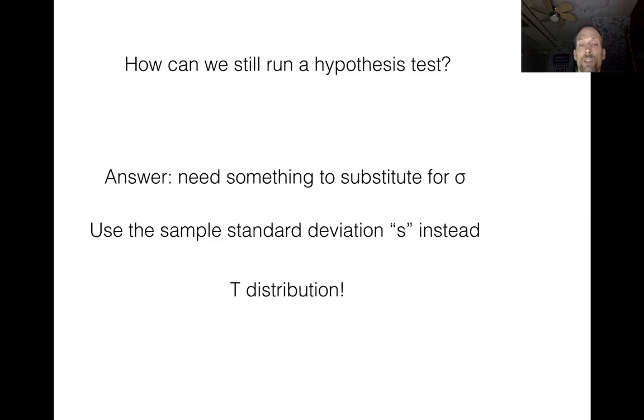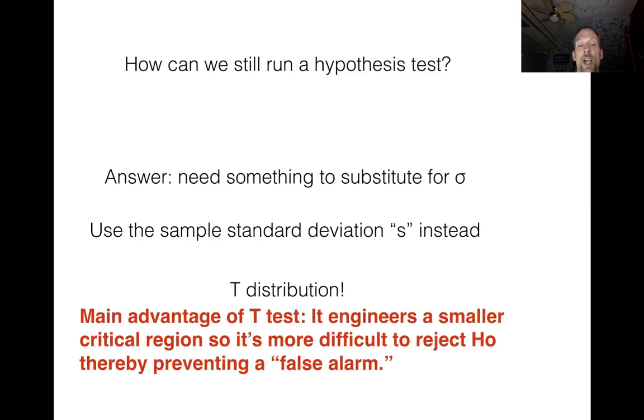We're going to get bumped to the t-distribution, and the good news is the t-distribution is much easier to work with than the z-distribution. And the big benefit of using the t-distribution is it's going to make the critical regions much smaller. And that's exactly what we want, because we don't have very good information that we're basing the hypothesis test on. Remember, we don't know sigma, and we're basing our hypothesis test on an estimate of sigma.